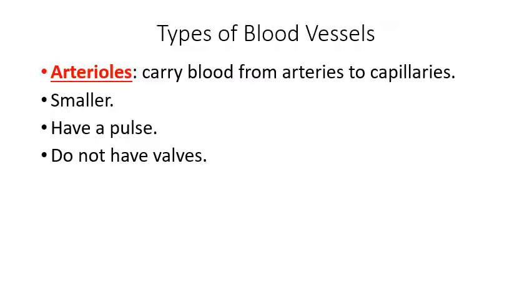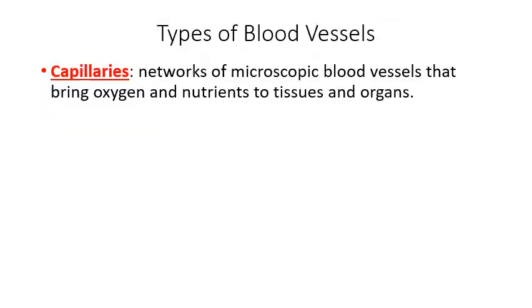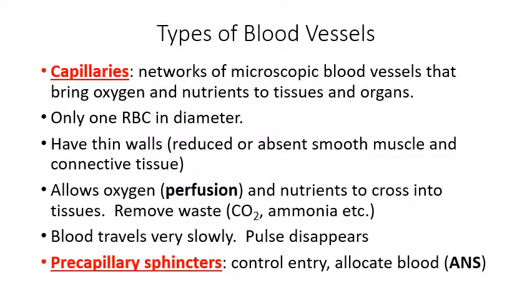Now, arterioles carry blood from the arteries into the capillaries. They're smaller and they have a pulse, and they do not have valves. Capillaries are microscopic blood vessels that bring oxygen to the organs. They are generally only about one red blood cell, one erythrocyte, in diameter. They have very thin walls and reduced or absent smooth muscle and connective tissue.